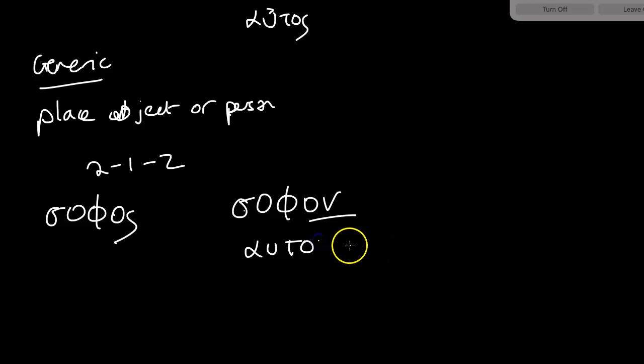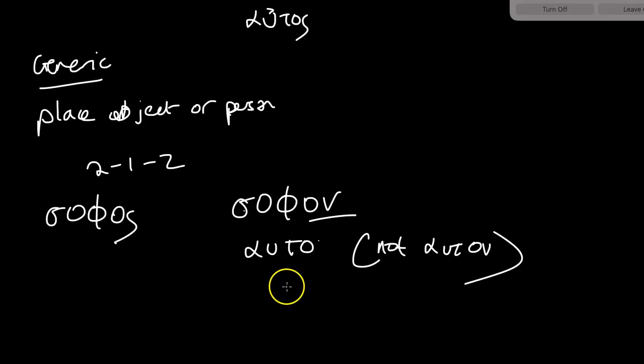So auto, not auton. In fact, it goes like the definite article. Just as the definite article is to in the neuter, auto is the same. But apart from that, it's exactly like sophos.